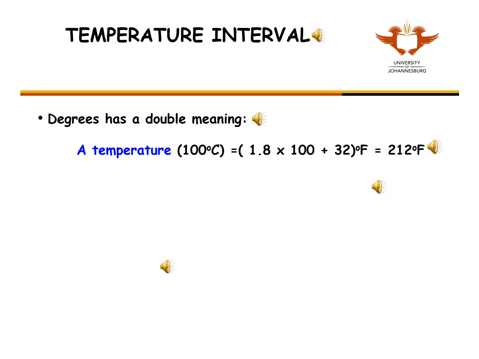This is the boiling point of water, and the degrees Fahrenheit are calculated as before. This is if the temperature increases or decreases by 100 degrees centigrade. This means that the temperature increases or decreases by 180 degrees Fahrenheit.